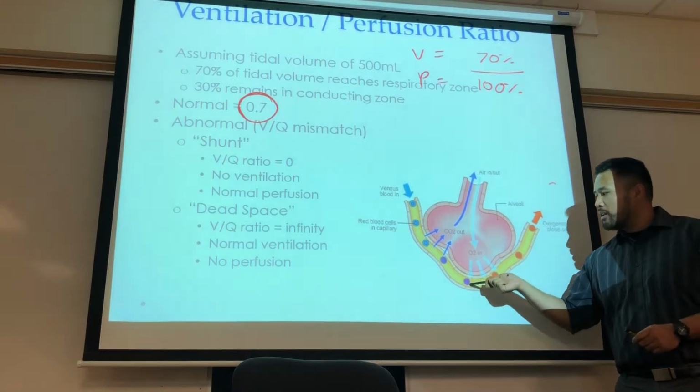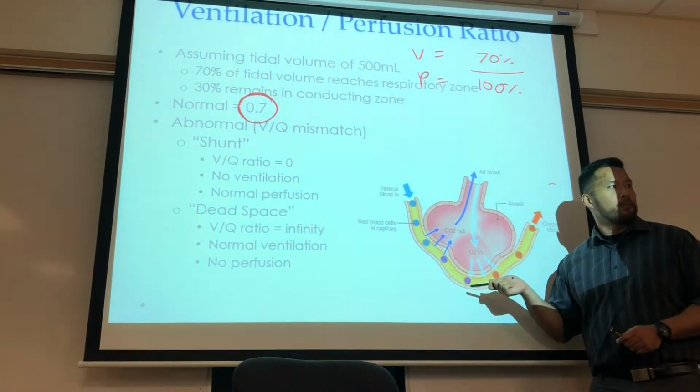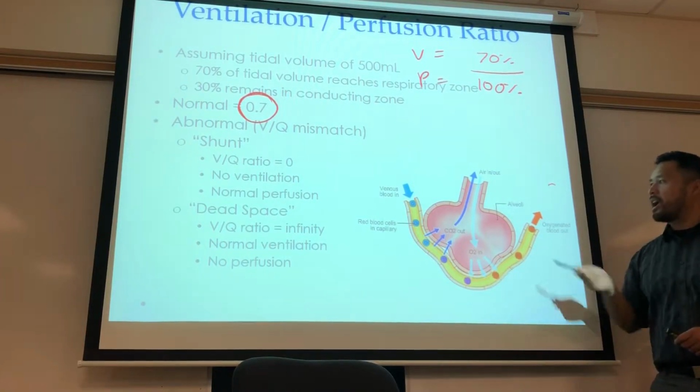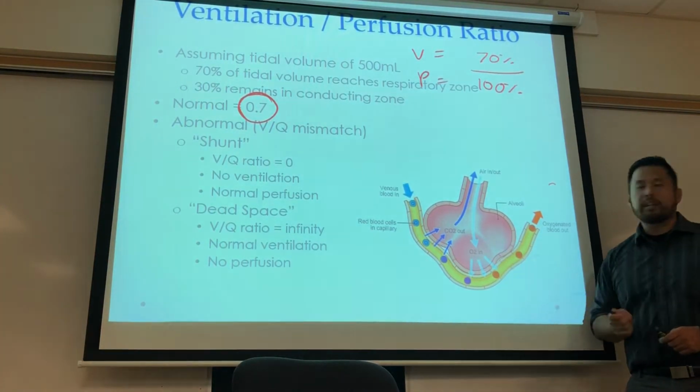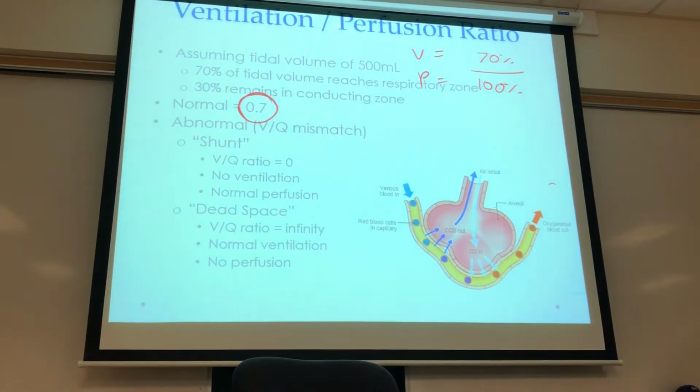That should be obvious there that this is a waste of perfusion. This is blood that's getting directed to areas that have poor ventilation. So that's going to reduce our VQ, and it's actually not P, it's Q, I apologize. VQ, where our normal ventilation is decreased and our perfusion is normally 100%.